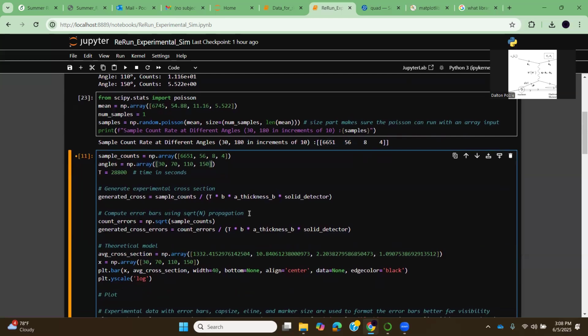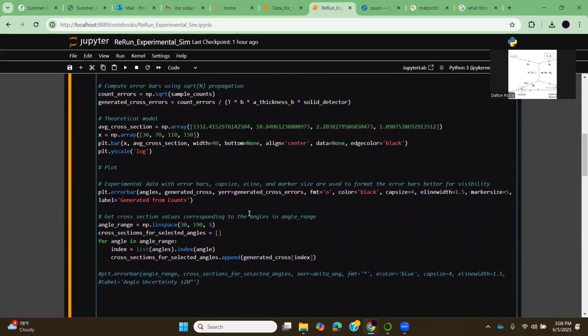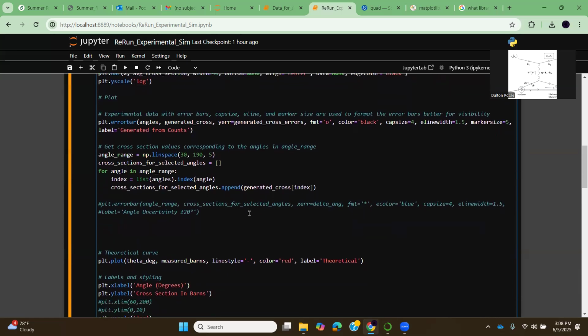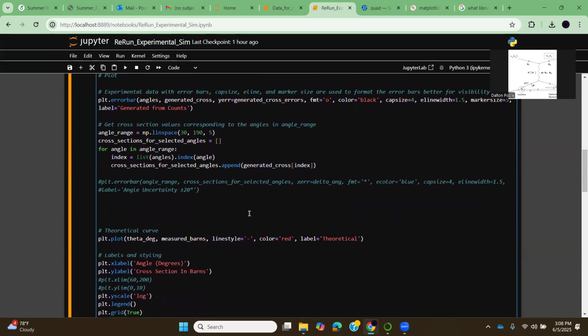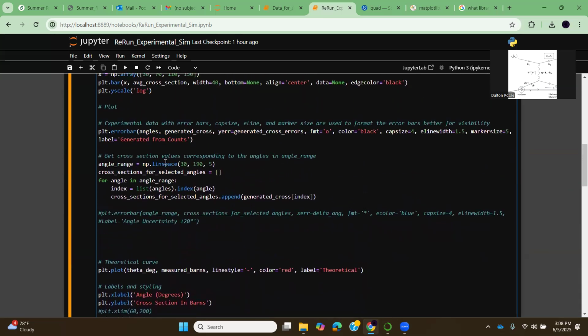Now, angle range here. Hmm. That I think I need to make an array as well. I'm gonna cut it after this.